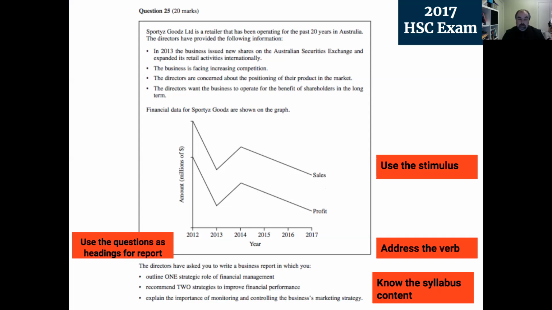The last part's interesting, about the importance of monitoring and controlling the marketing strategy. And again, it's a specific part of the syllabus. That's the last part of processes. And what we know from the syllabus there is comparing the planned results with actual results and revising the marketing strategy itself. So we'd need to talk about that in that particular part of our answer. All right, so hopefully that's broken down that question for you.